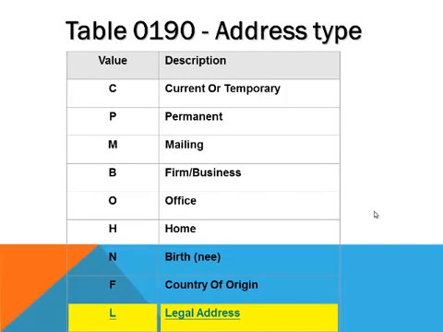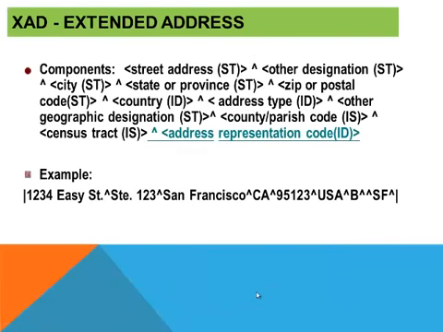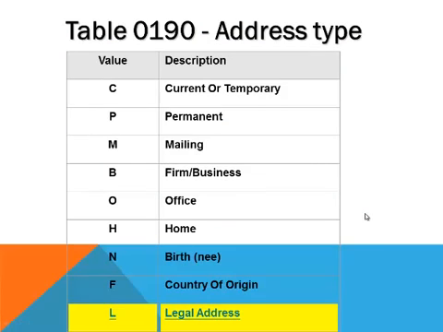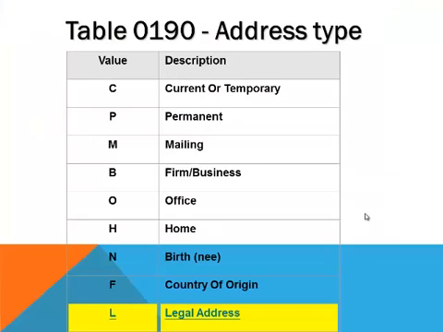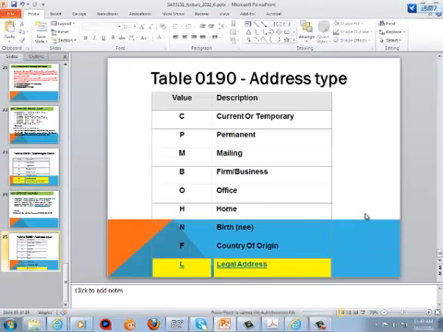For example, C means current or temporary, P means permanent, M means mail, B means business, O means office, H means home, N means birth, F means country of origin, and L means legal address. So this is B, which means it's a business address. So that's the data type for this one.